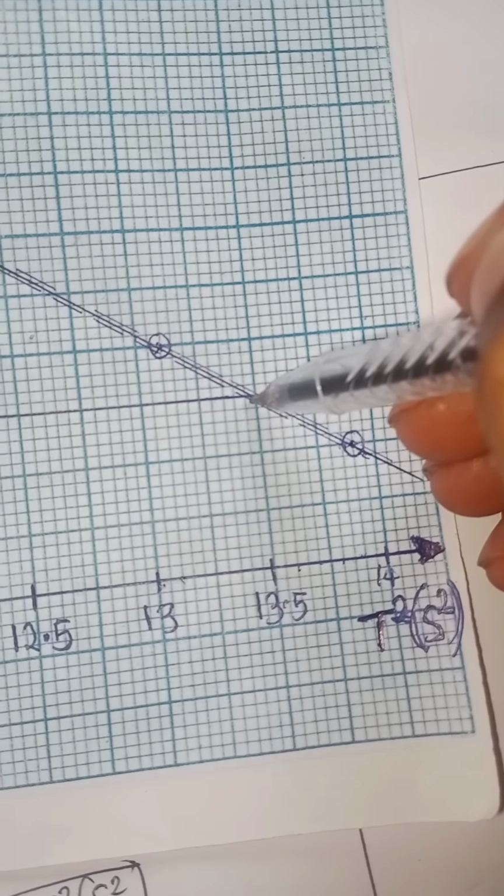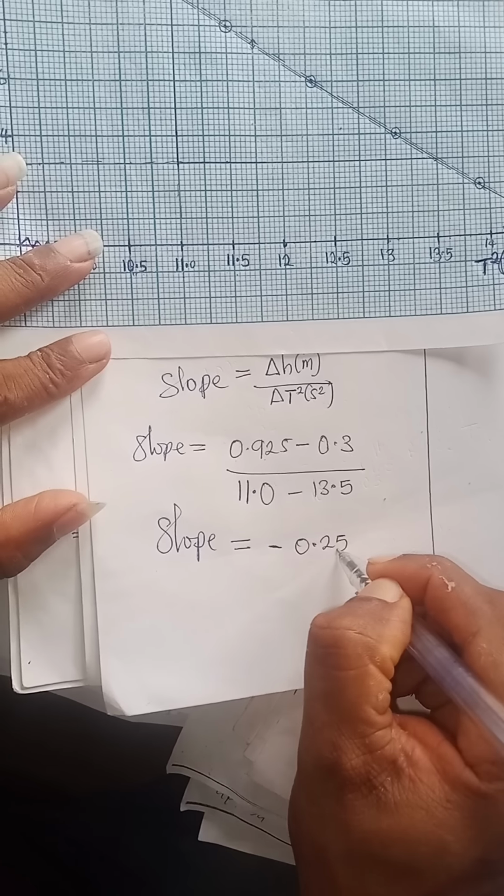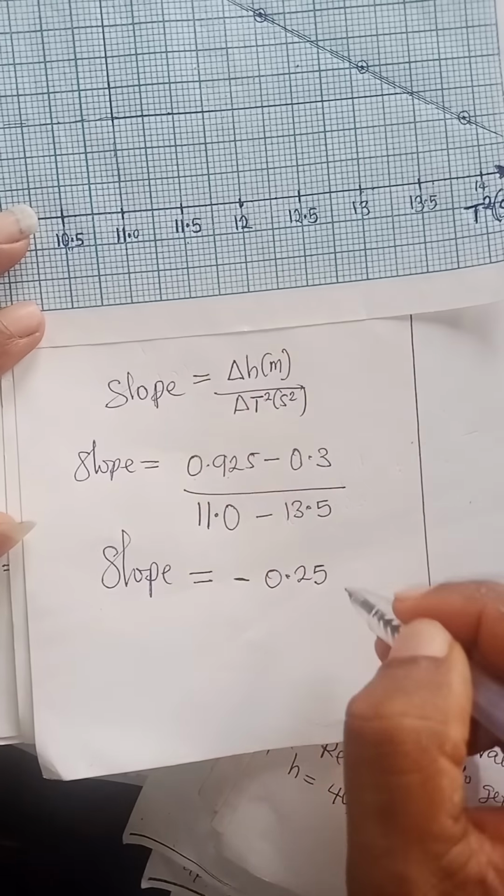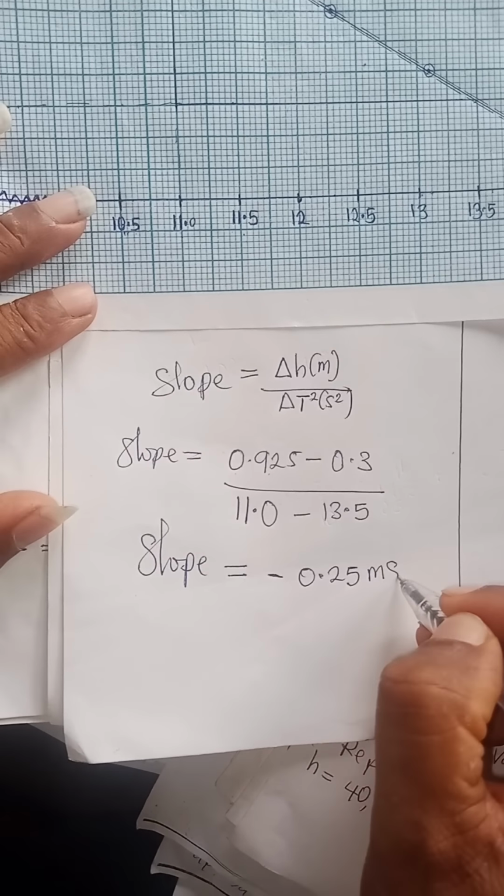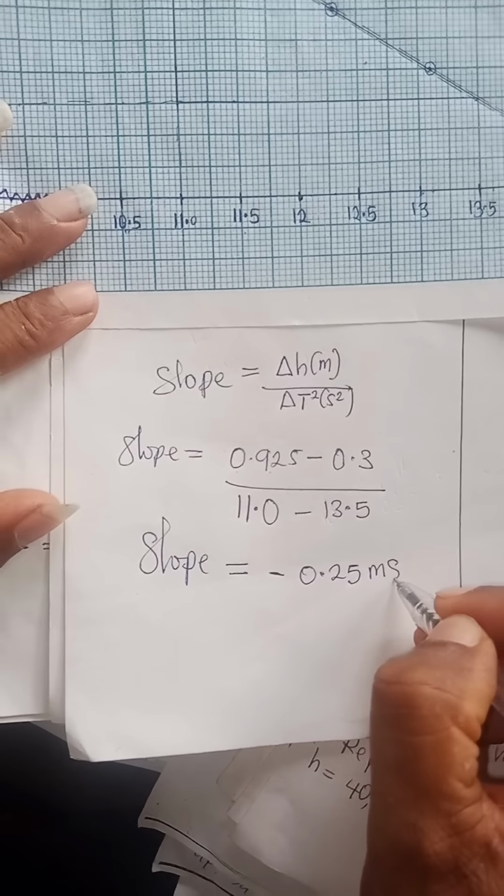You get it? 13.5. That's what I'm using. Minus 13.5. So when you do this, you get your slope to be equal to minus 0.25. And then put the unit, which is meter per second squared. This is exactly my slope, okay?